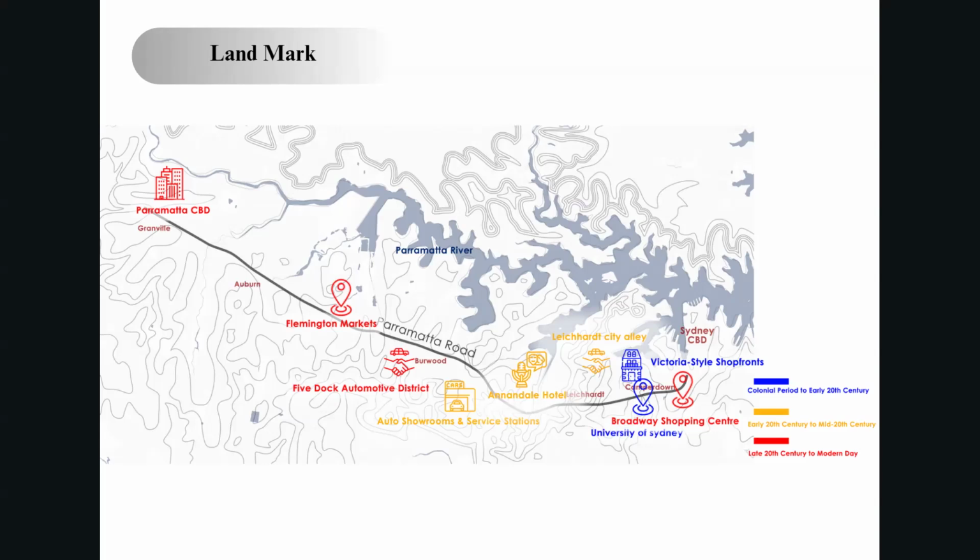Early to mid 20th century, orange markers. In the early to mid 20th century, the automotive industry arose along Parramatta Road. The area of Five Dock was filled with car showrooms and service stations, which drove the boom of the land use created by the automobile industry.